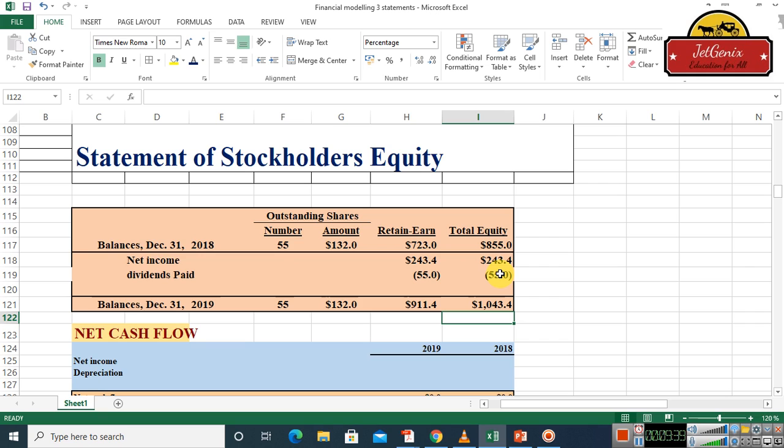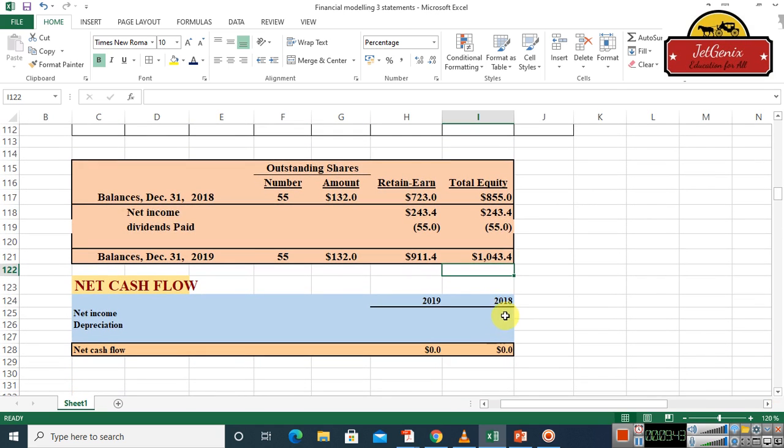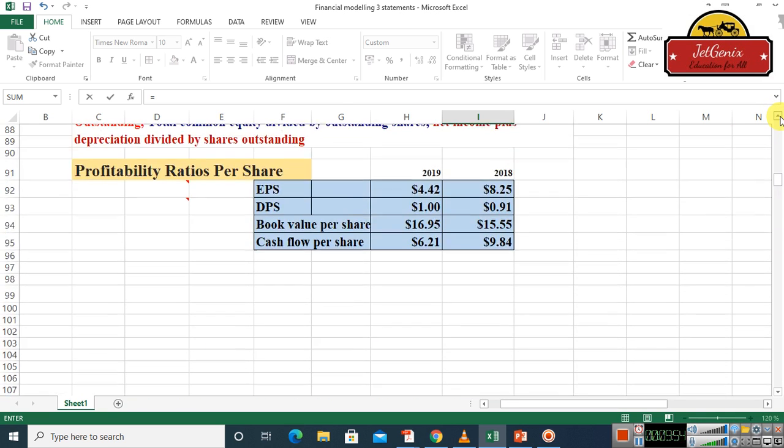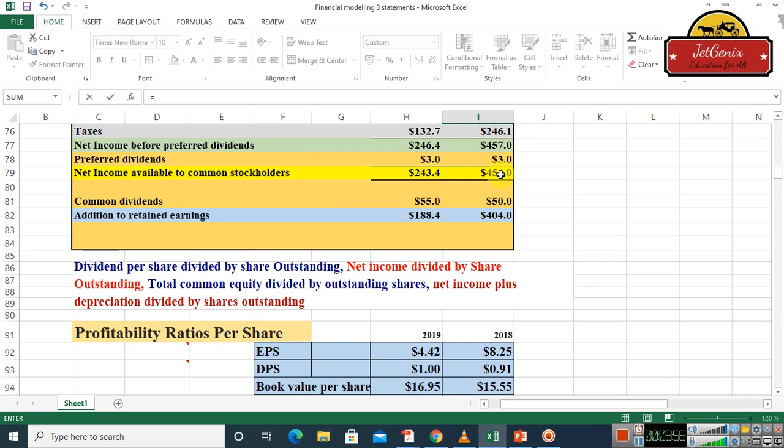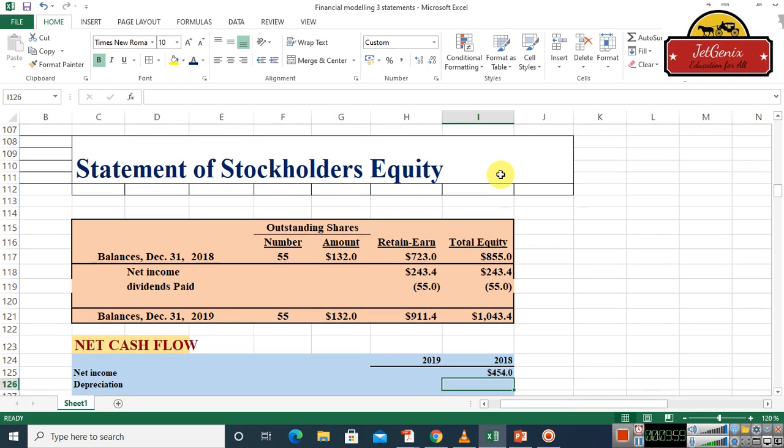And now we can very easily calculate the net cash flows. In the net cash flows for 2018, we are just going to enter the net income, and the net income we can take from the income statement which we have constructed here. So here is the net income, just select it and press enter.